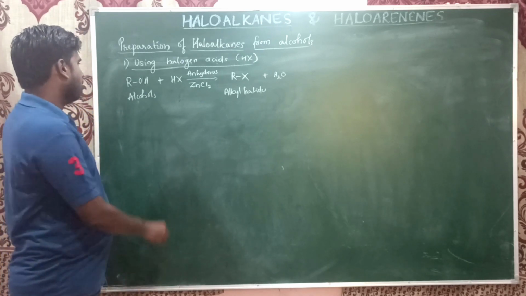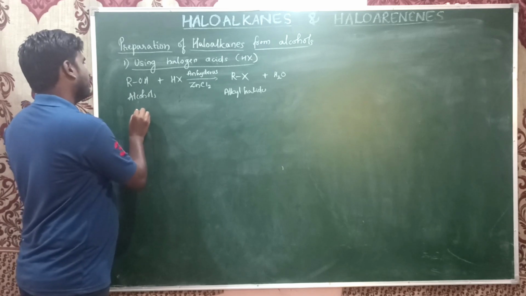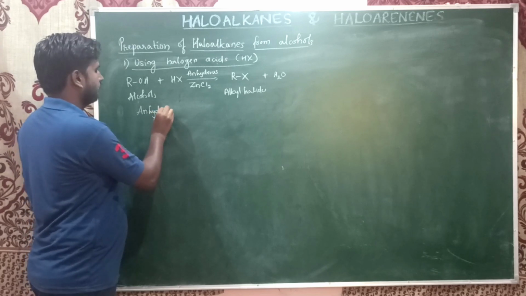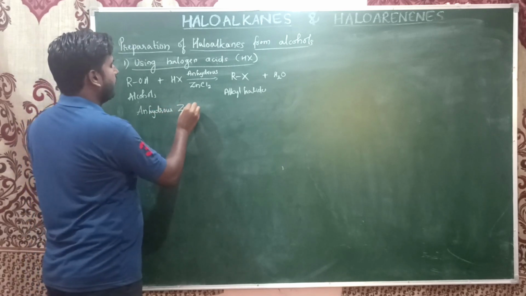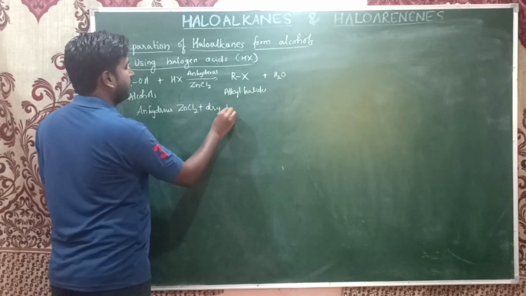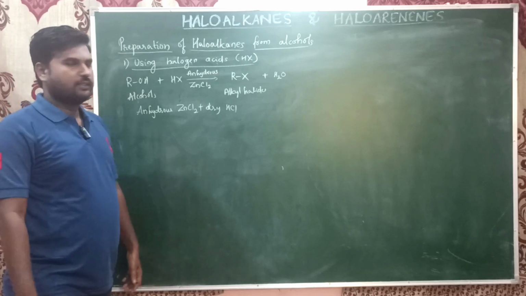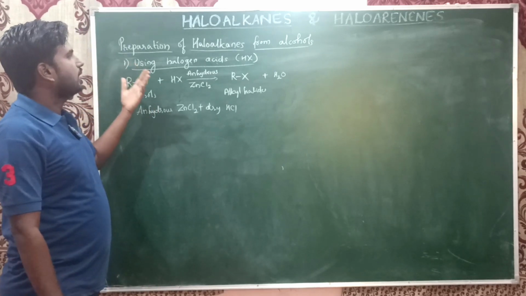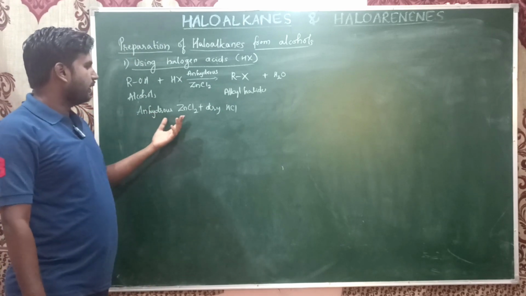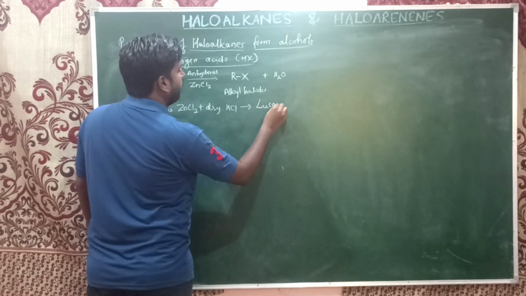Here we usually take the mixture of anhydrous zinc chloride and dry HCl. This is one of the very famous reagents we use to convert alcohols into haloalkanes. This mixture is known as Lucas reagent.